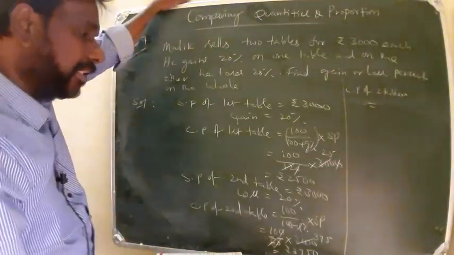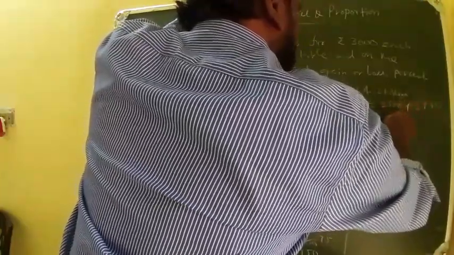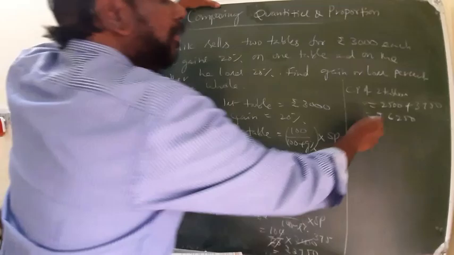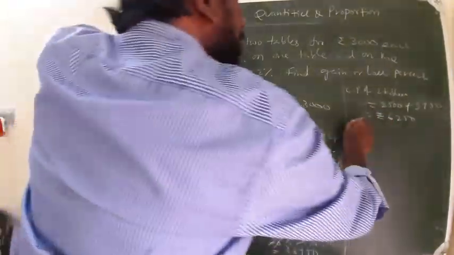So CP of 2 tables. First table cost price is 2500. Second table cost price is 3750. That is 6250. Total CP of 2 tables is 6250.